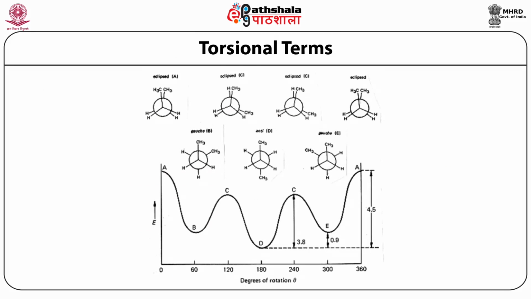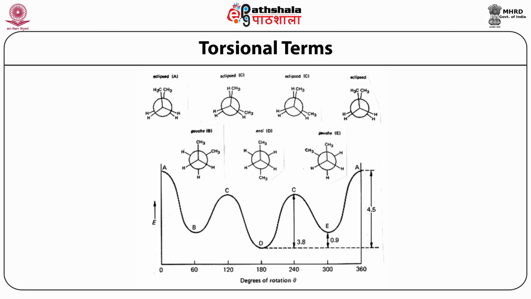Here is the detail of an aliphatic chain, which shows how many conformers or configurations can occur and what their torsion potential can be. Here I show there are many of these, gauche and trans.